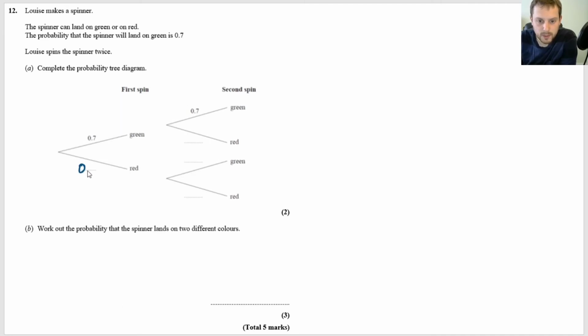Right, number 12. Okay, so that's 0.3, that's 0.3, that's 0.7, that's 0.3. Work out the probability that the spinner lands on 2 different colors. So that's 0.7 times 0.3, so that's green, then red, plus 0.3 times 0.7.